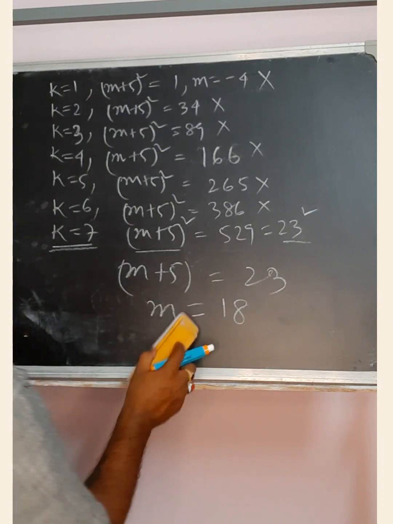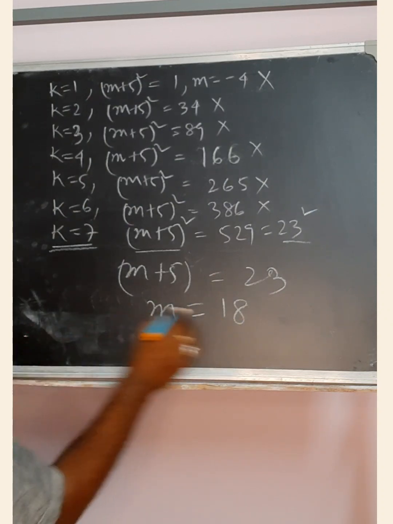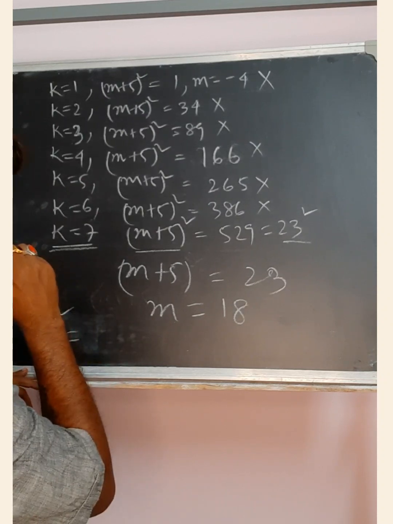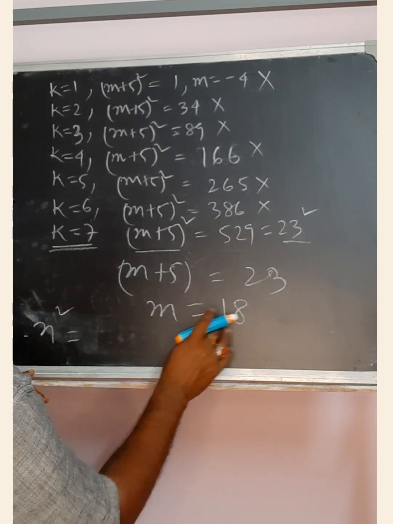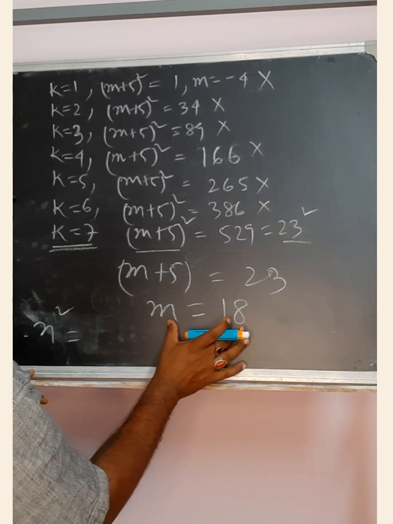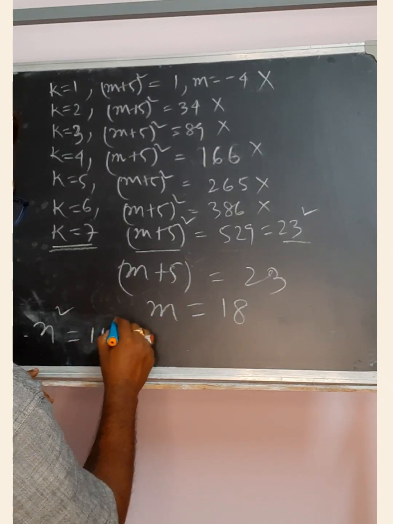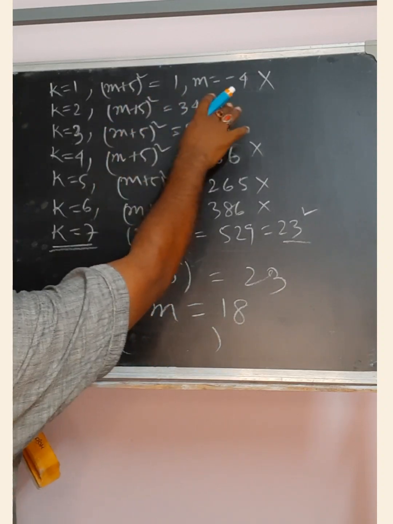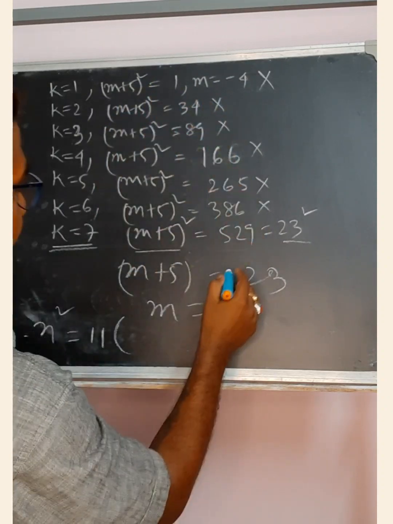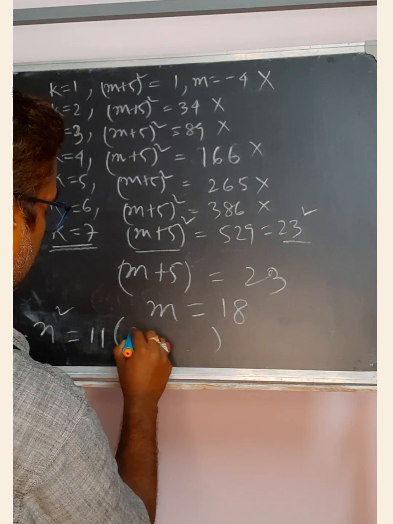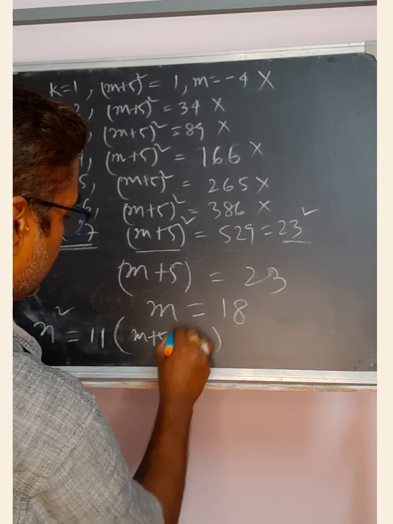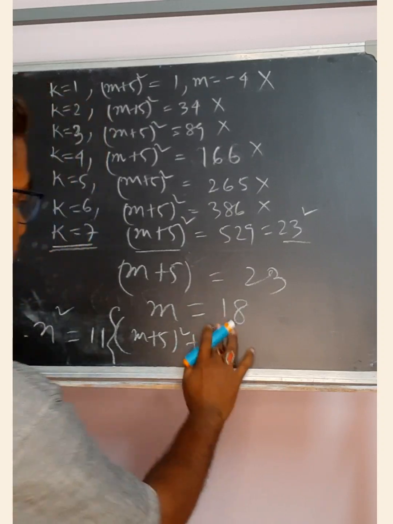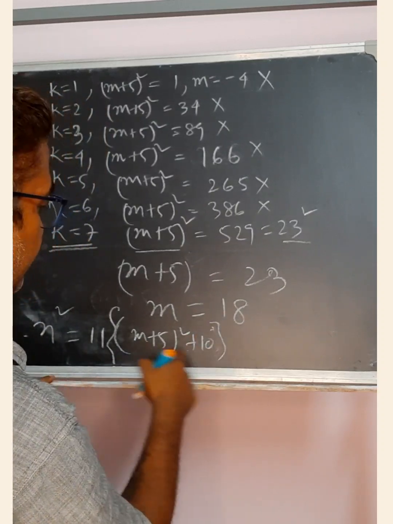Now once I find m is equal to 18, so n square is equal to how much? If I put 18, so that is equal to 11 into the expression that I already said. What is that? M plus 5 whole square plus 10, that was the expression. That should be something like 11 k square.